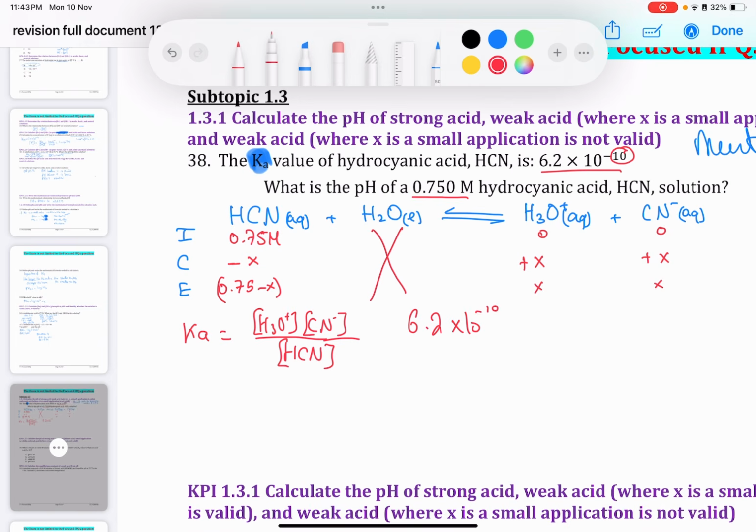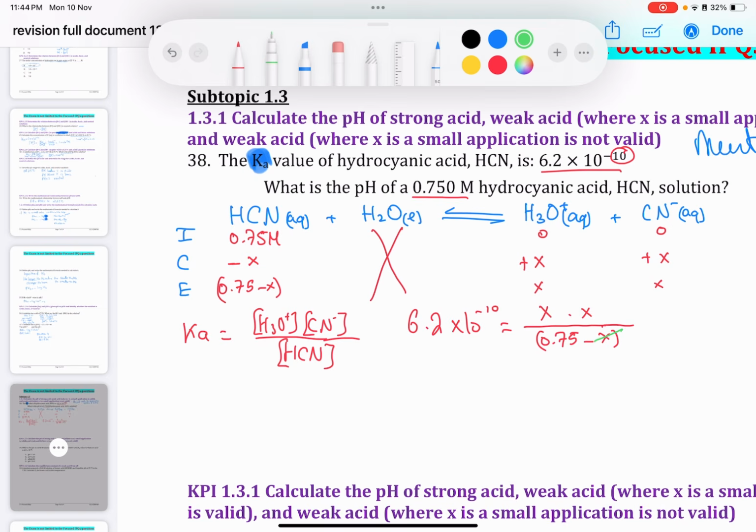It means that only a small portion of this HCN is going to ionize. So x is going to be a very small value. So that is x times x, so that is x squared over 0.75 minus x.